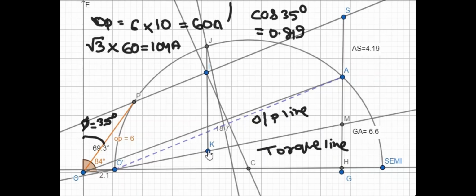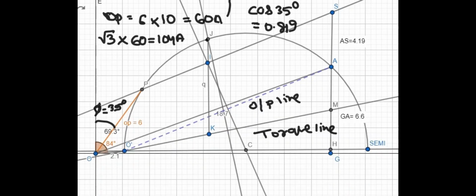The line JK will give you the maximum torque.